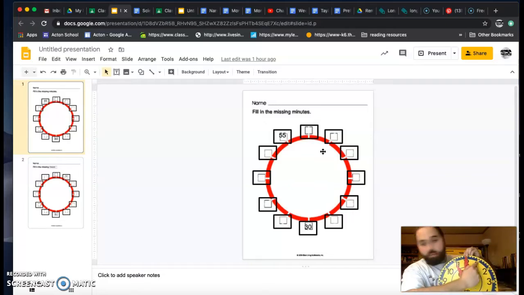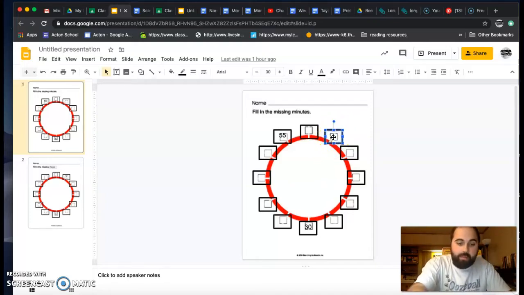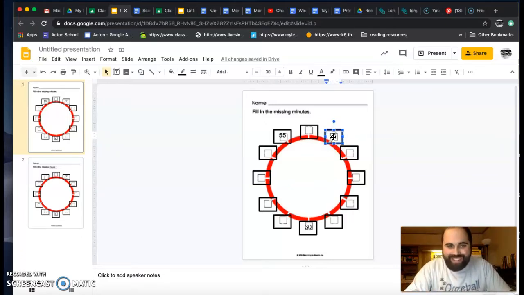At our first tick mark, we're at 5. All you need to do is click inside the square and then put the number you want to put in. So I'll put 5. And look at that, it pops right in. Okay? And you're going to do that for each square going around. And this is just the minutes for a clock. I'll get rid of that answer.